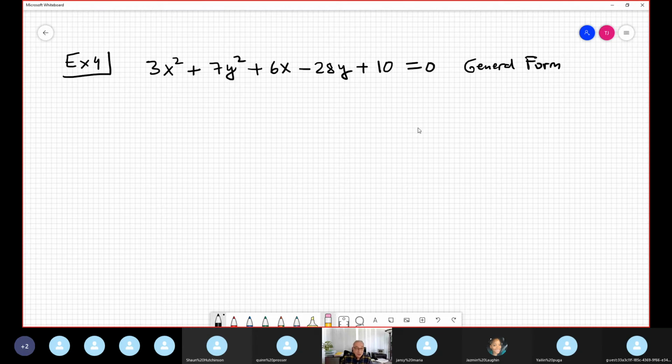Okay. So you group the x part like that: 3x squared plus 6x, and you try to complete something here. 7y squared minus 28y, complete something here.